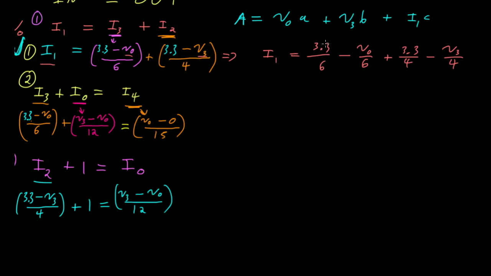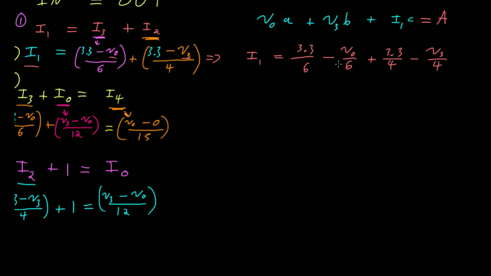Now let me collect like terms. I'm going to reverse this: instead of having my constants on the left-hand side, I'm going to have my constant on the right-hand side, so that all of this is equal to a constant A. Let me bring over my V0 next to my I1.